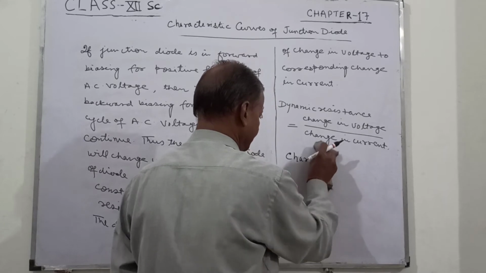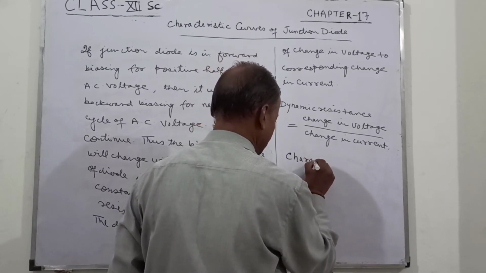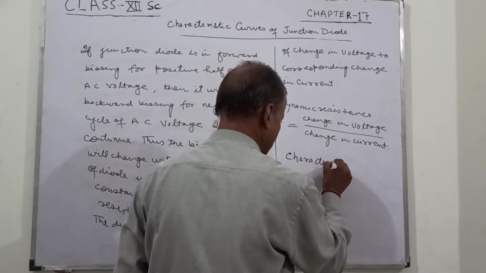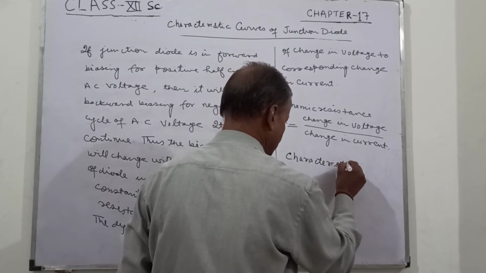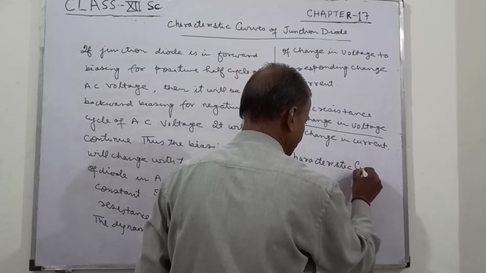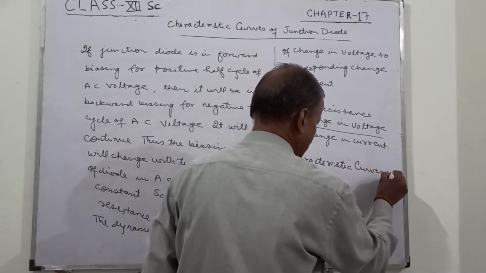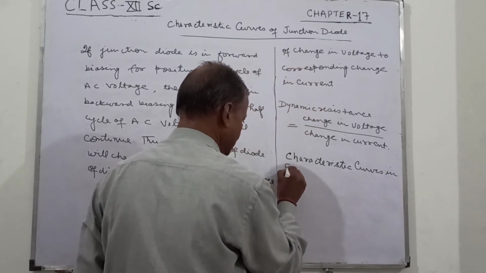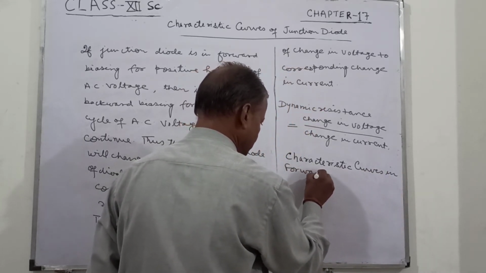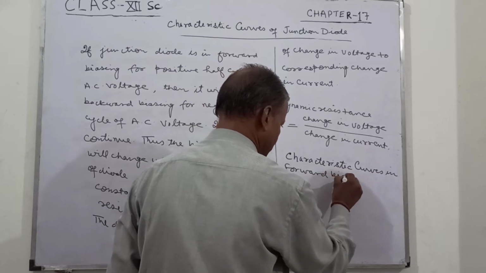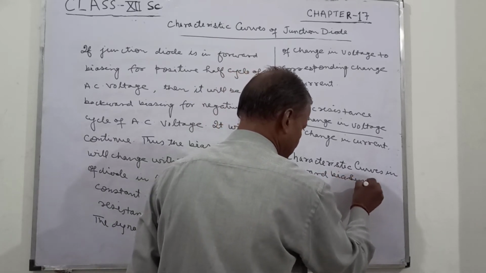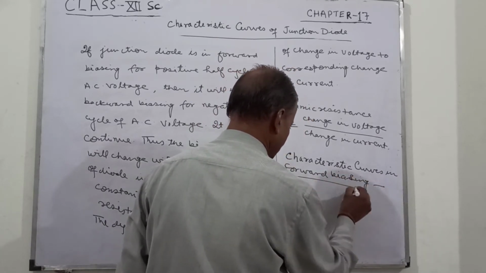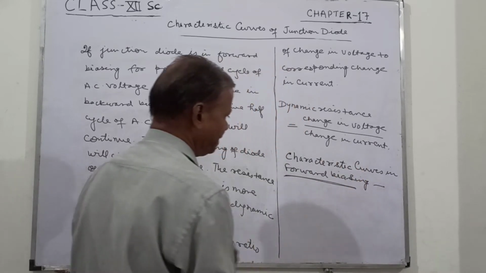Characteristic curves in forward biasing. Now we are taking this one.